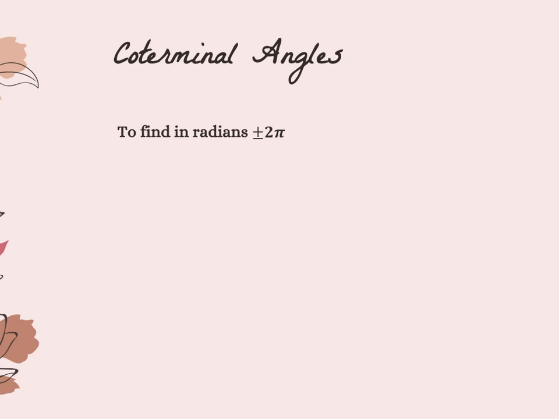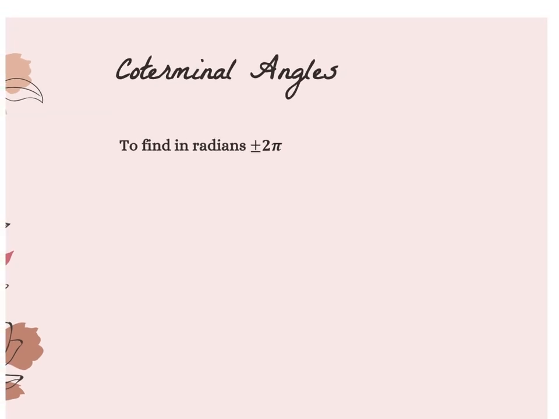Now, just like we did in Chapter 5, we're going to be able to find coterminal angles. Before, what we did was we added and subtracted 360 degrees, which was a full circle. Now, when we measure in radians, a full circle is 2 pi. So we're going to be adding and subtracting 2 pi, 1 full revolution around the circle, in order to find coterminal angles.